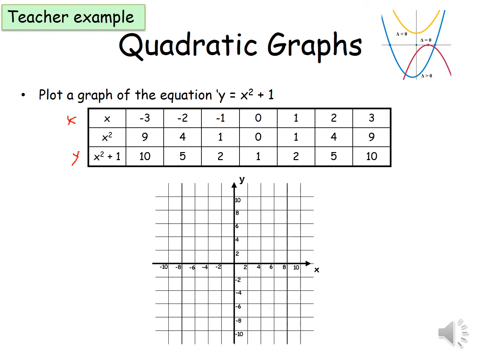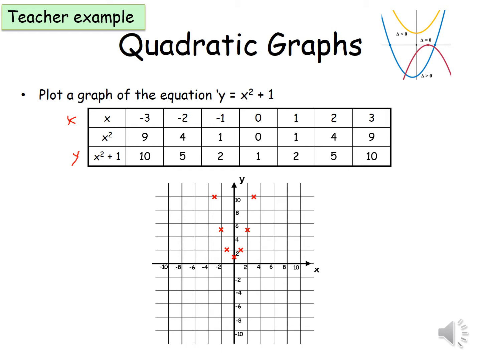So minus 3 and 10 is here. Minus 2 and 5 is here. Minus 1 and 2 is here. 0 and 1 is here. 1 and 2 is here. 2 and 5, and 3 and 10.